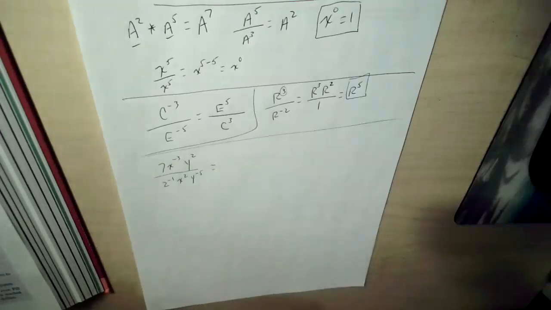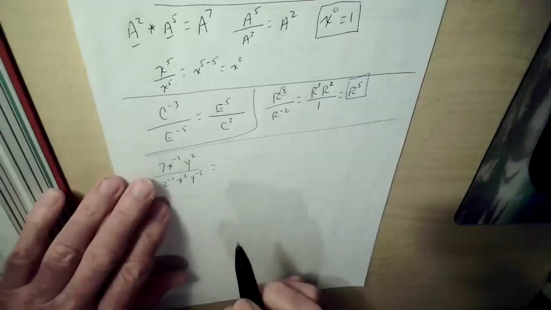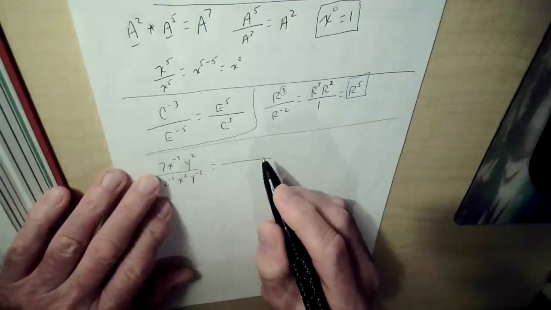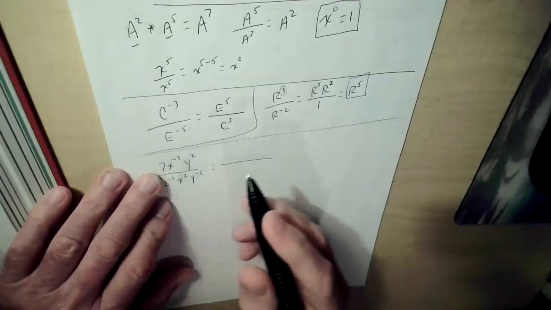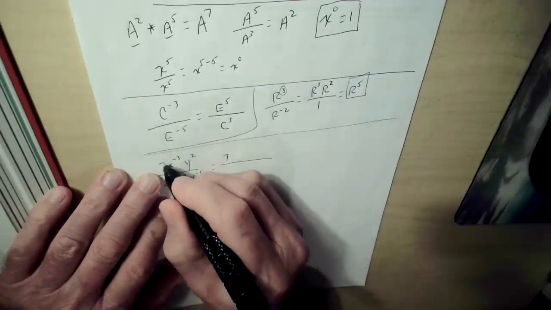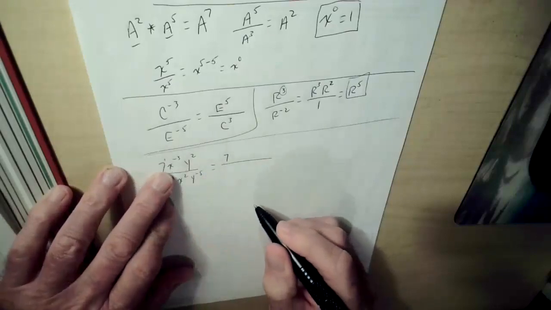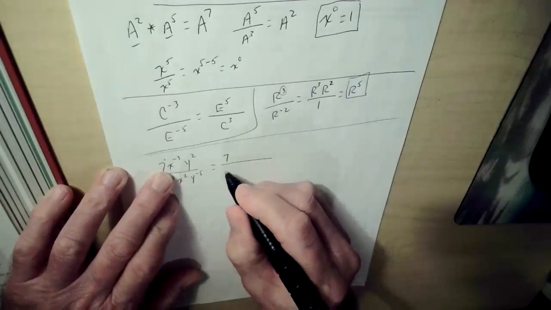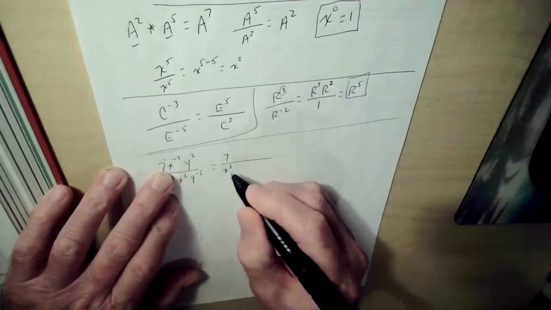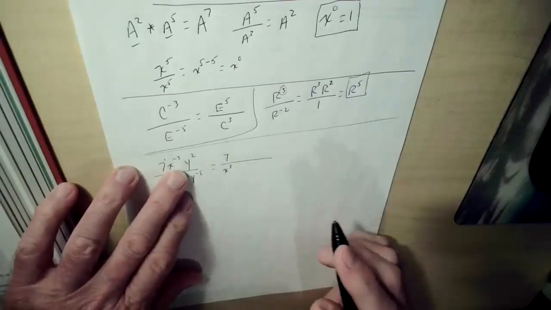Like I said, these things, they really don't get any more difficult. They just get longer. So take them, draw a fraction bar, but take them one at a time. Where does 7 go? Stays at the top because the exponent there's 1. X to the minus 3 goes to the bottom, and the exponent becomes positive.